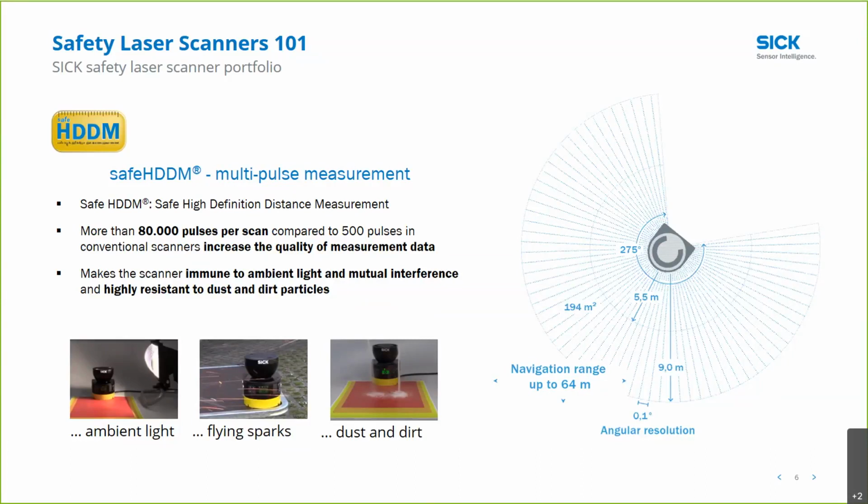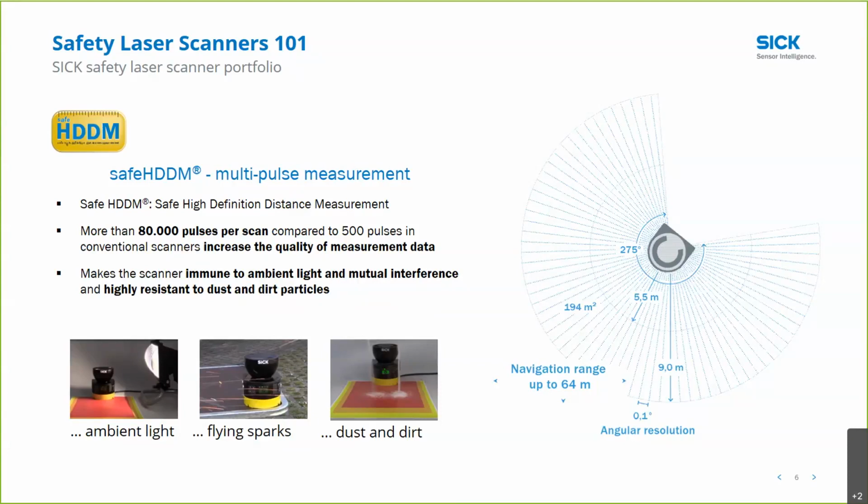Again, I would always use the caveat that you need to keep your response time in mind in combination with your safety distance calculation. As you increase your multiple sampling rate, that's going to increase your response time, and that might mean you need to increase the size of your protective field, because you're going to need to detect something much further out in order to have the correct stopping time.